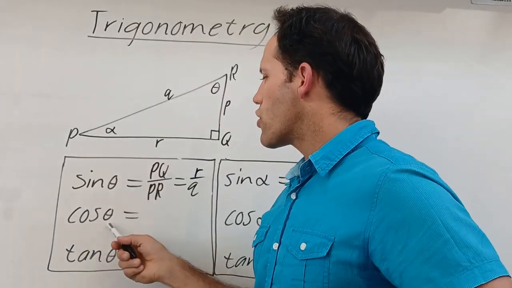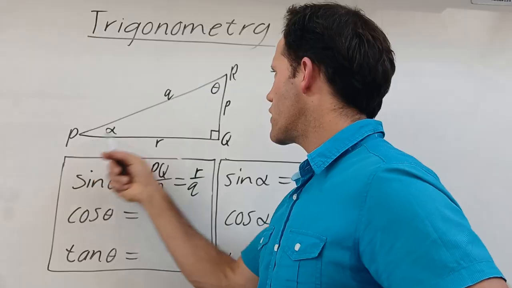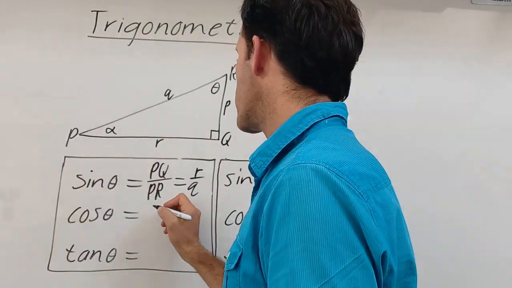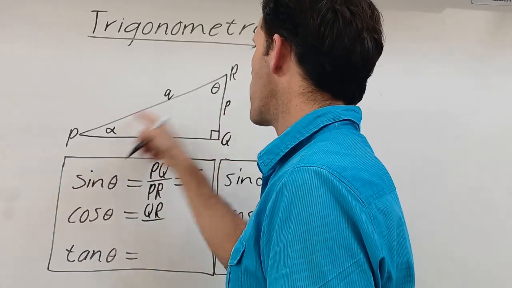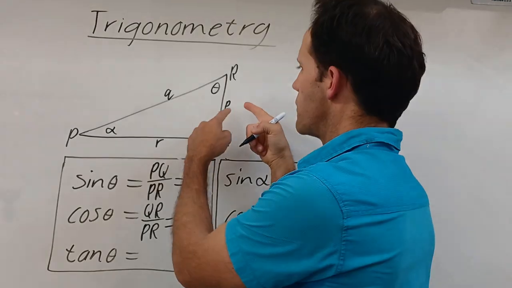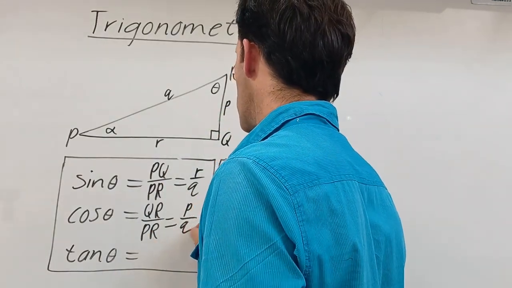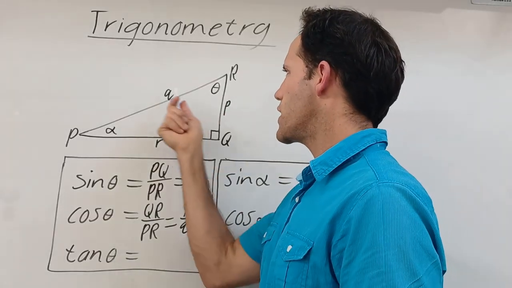So then the second one, cos theta, would be adjacent over hypotenuse, so it's RQ over PR, or you can say QR over PR, which you can also write as p over q. When you just want to write it a bit shorter, you can write it like that, p over q.